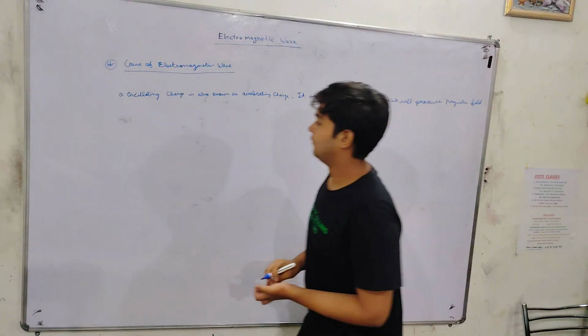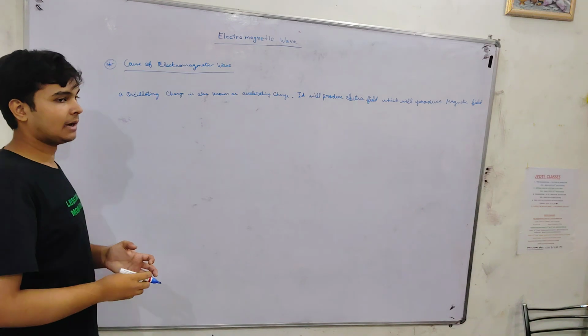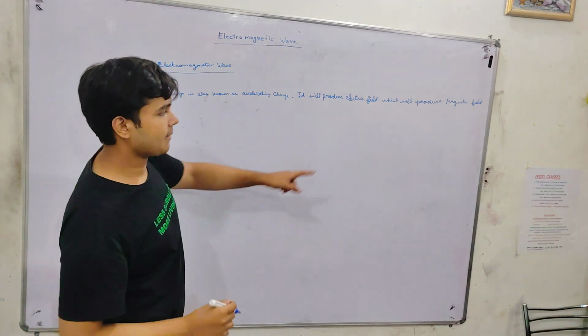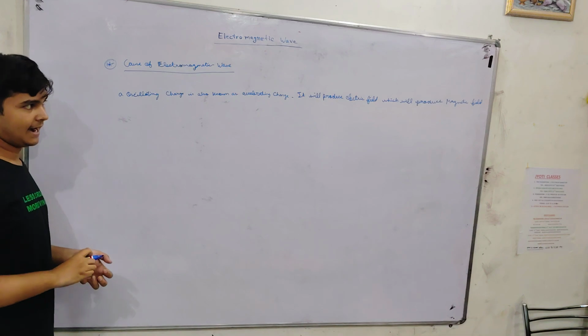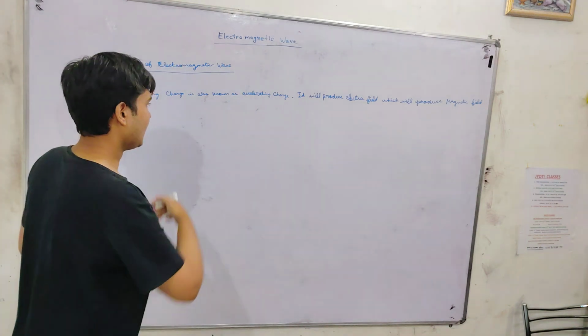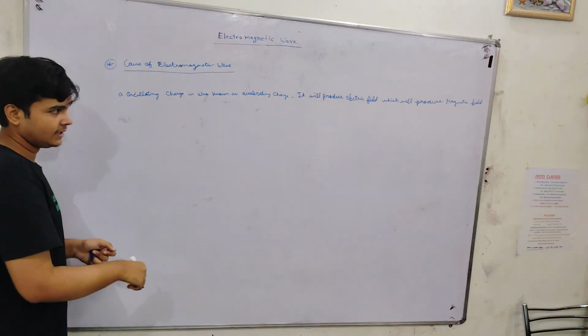From the magnetism chapters we have learned that a magnetic field also produces an electric field, due to Faraday's law, where a magnetic field induces current in the circuit.